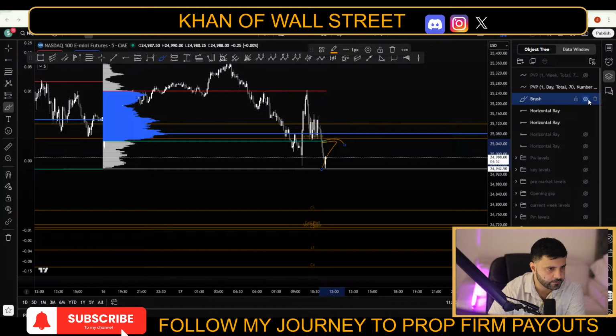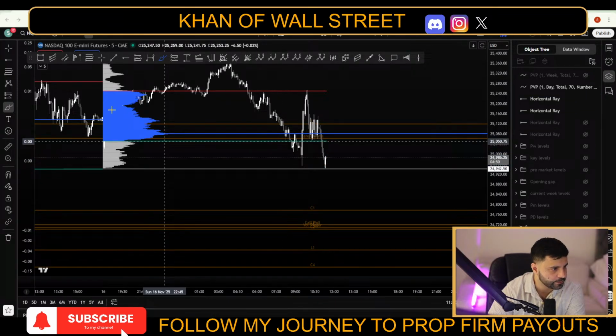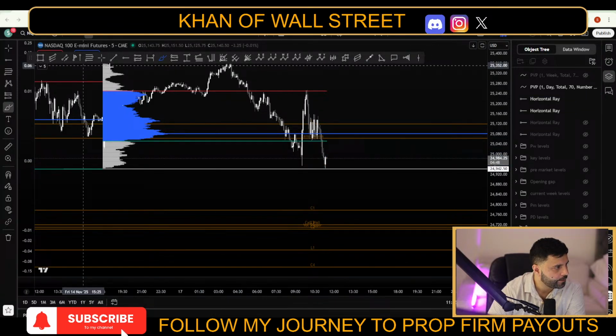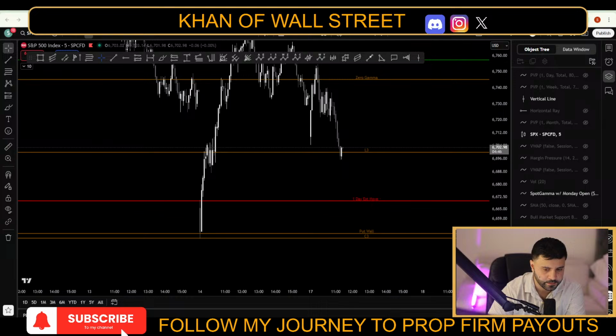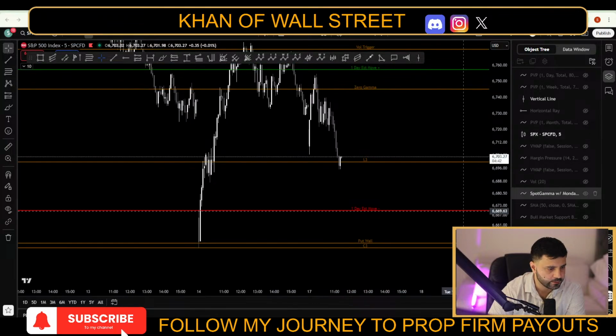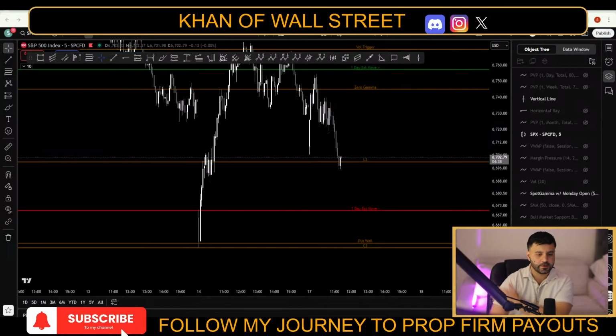So let's see if we can get a nice rally out of here. So yeah, SPX, let's add a couple of contracts. Okay, so I added a couple of contracts to that position. Expecting a larger bounce to the upside. Let's see if we can get it.